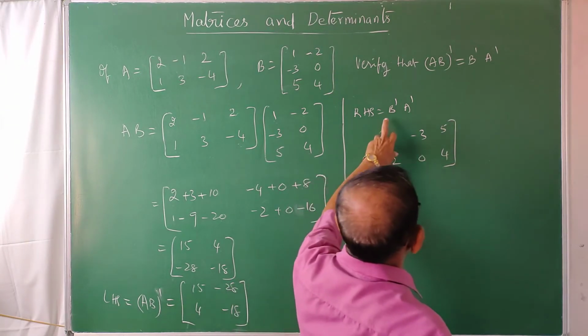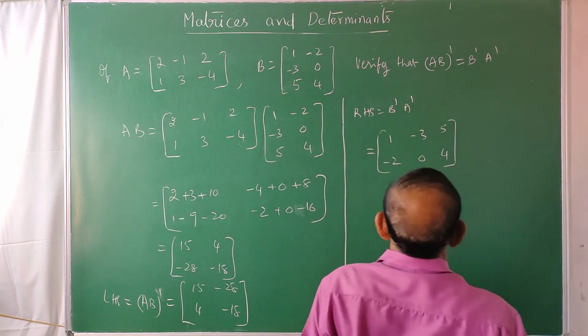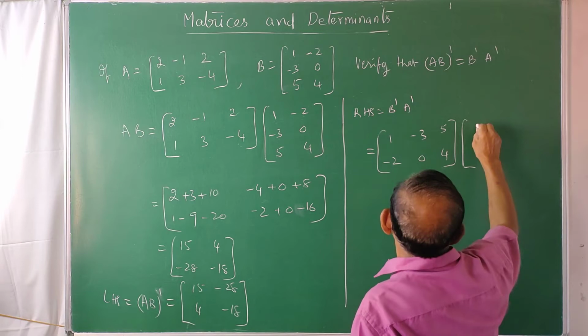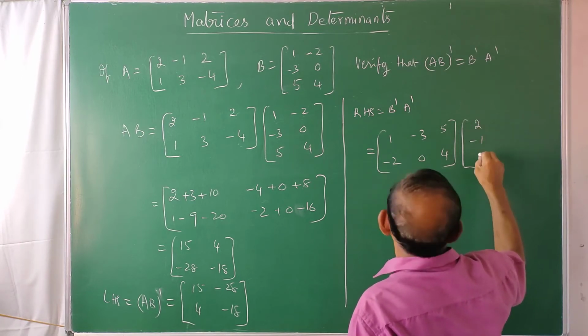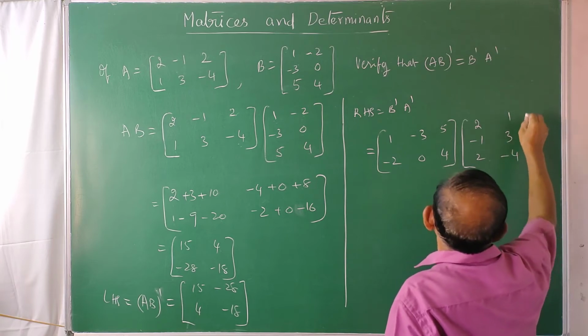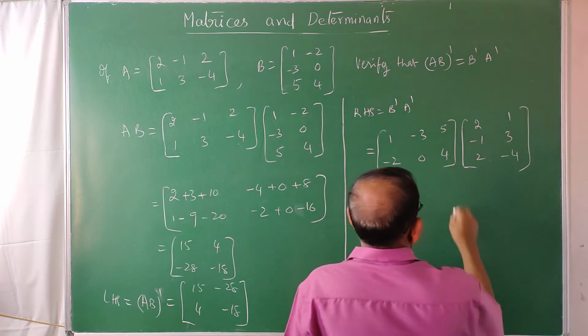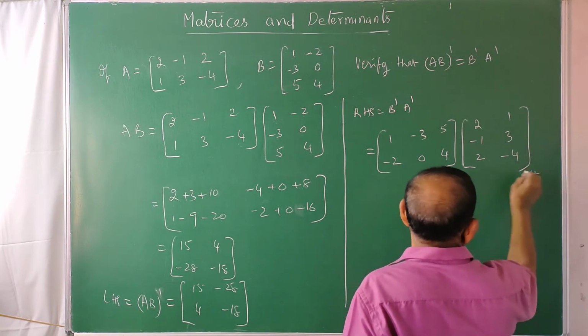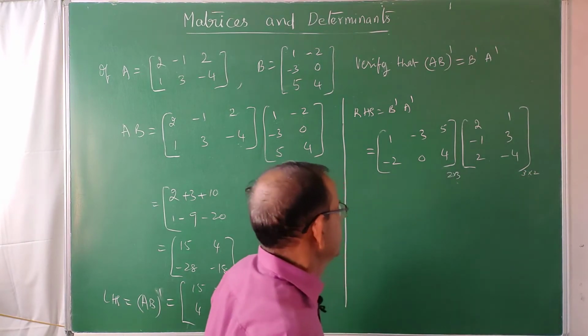Don't change the order, you have to write B transpose first. A transpose, write the first row as first column, 2, minus 1, 2, 1, 3, minus 4. This is of order 2 by 3, this is of order 3 by 2.